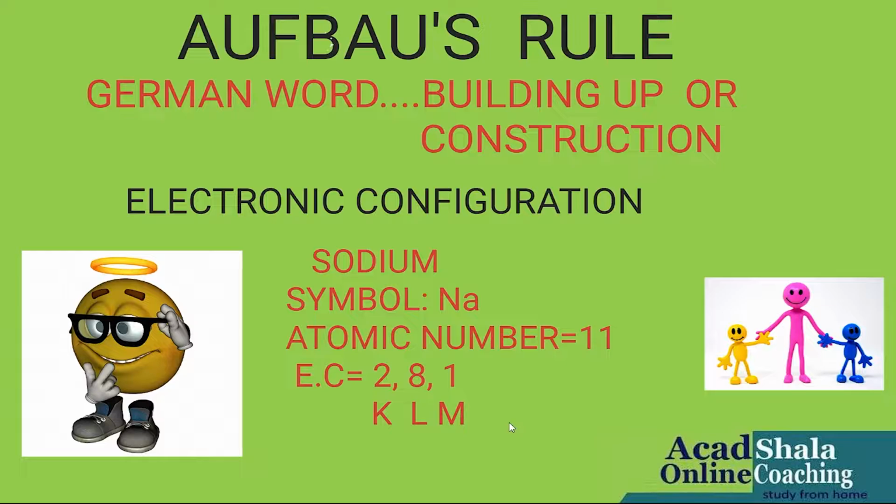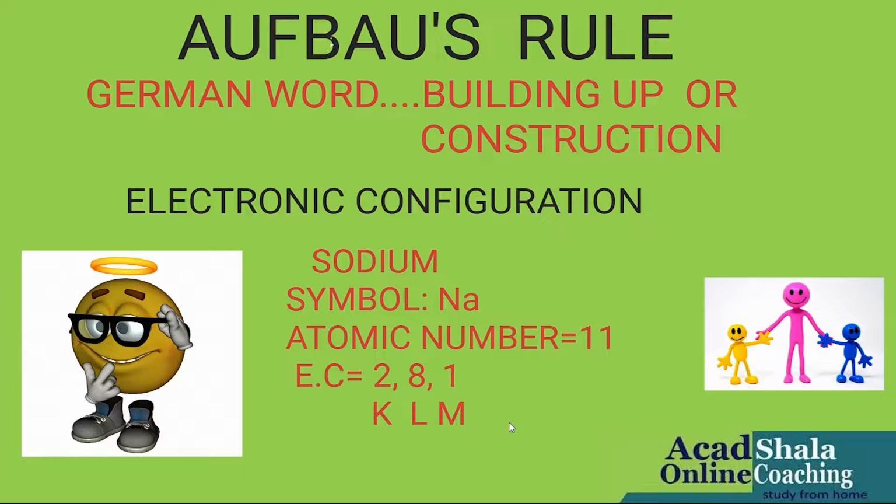Now students, we have understood that electrons will be filled in the subshells. But where and how will they be filled? They will be filled in the subshells in increasing order of energy. So the question arises, how do we know about the energy of a subshell or orbital?